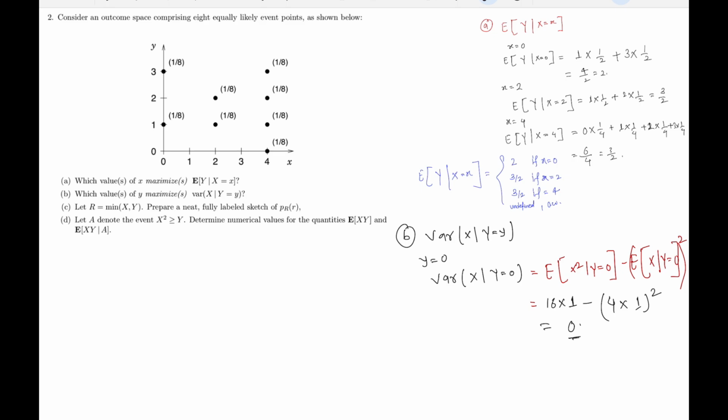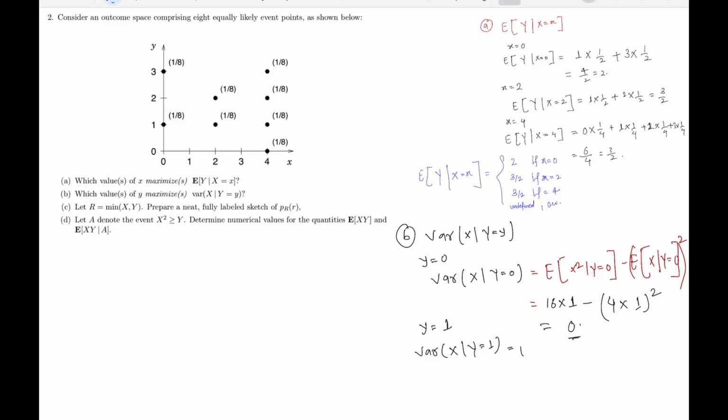Okay, now let's move further to another case. Let's talk about when random variable y takes the value 1. We want to find the variance of this random variable x given y takes the value 1.